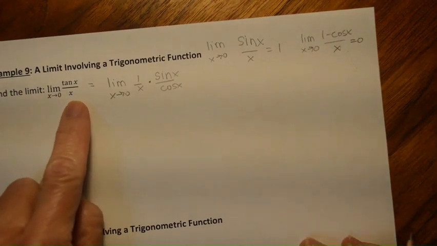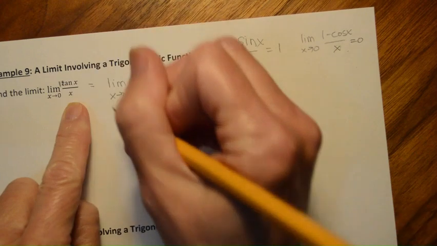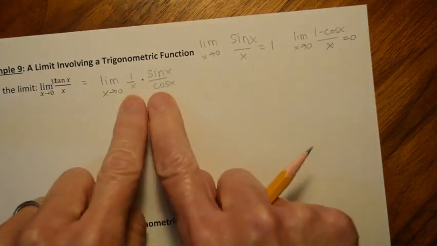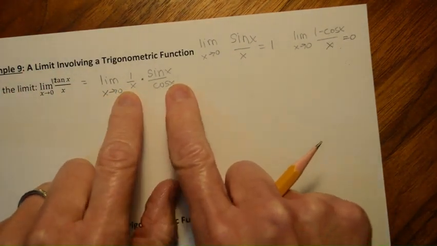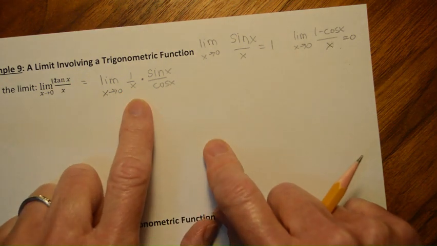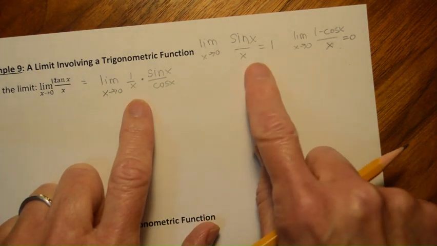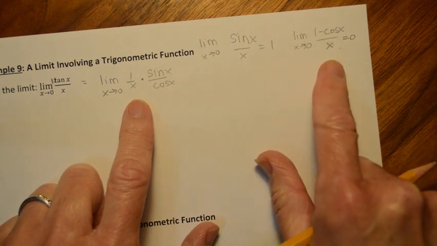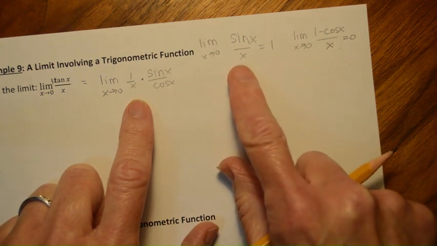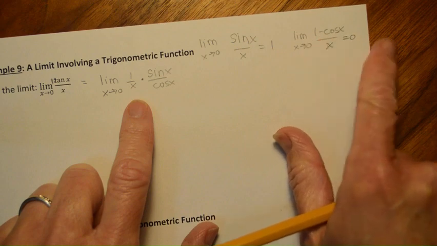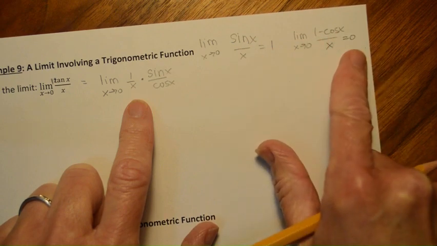I'm looking at this as 1 times tangent, and then I'm just unmultiplying them. So I get 1 over x, and then my tangent I'm turning into sine and cosine. Sine over cosine. These are all the trig functions I know if I can't use direct substitution. These are the ones that they're telling me exist.